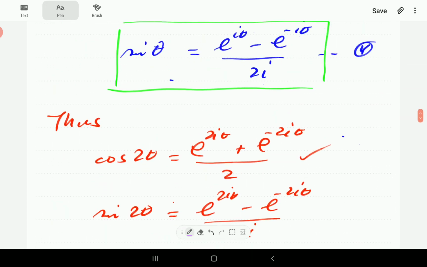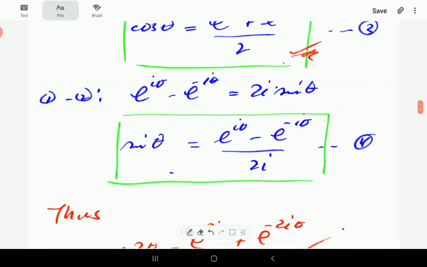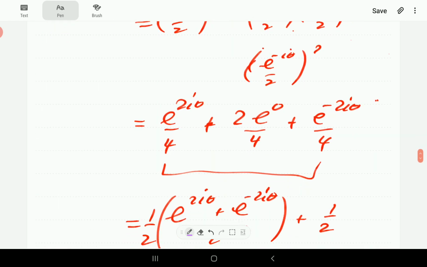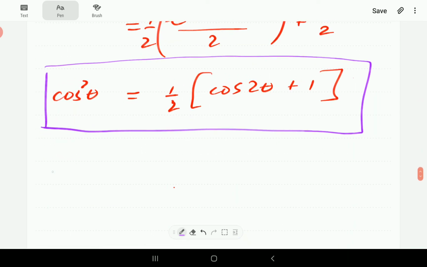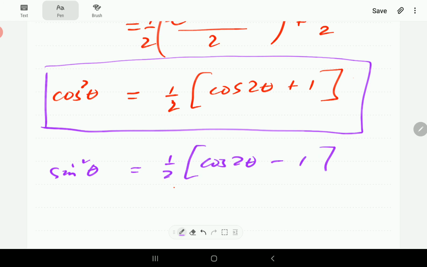If you do the same thing with this one, just make sure you can do that, then you find that sine squared theta is 1/2 into cosine 2 theta minus 1 that time. So that is the corresponding formula for sine squared, the double angle formula.